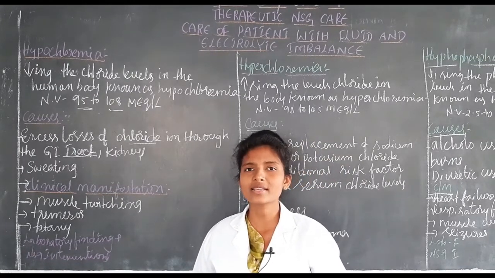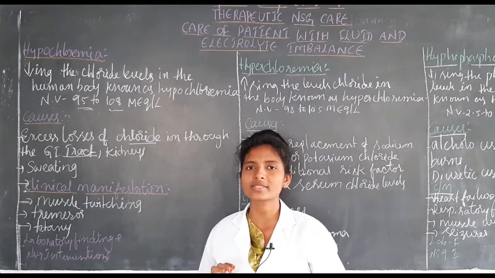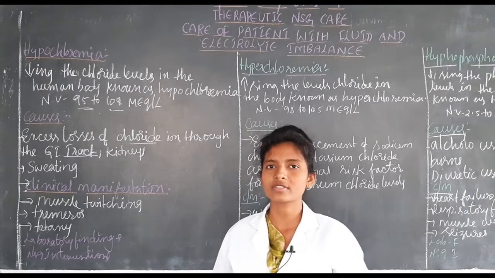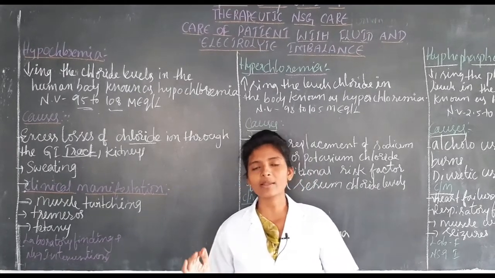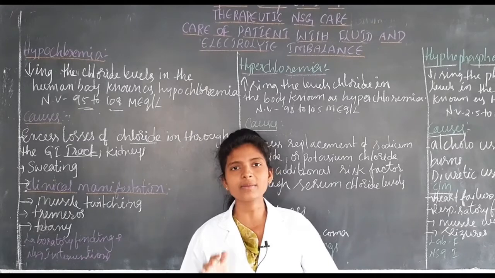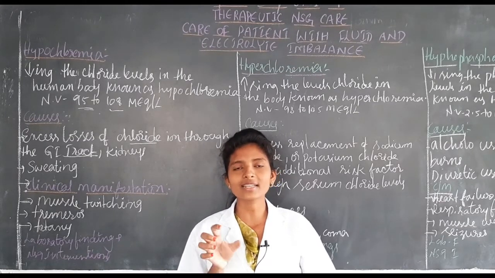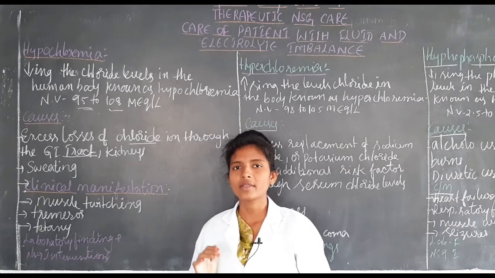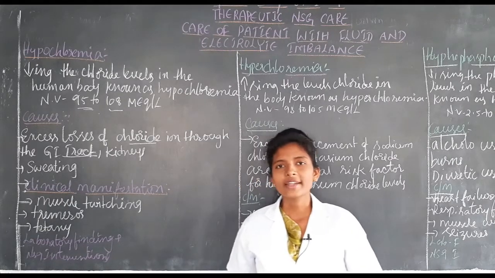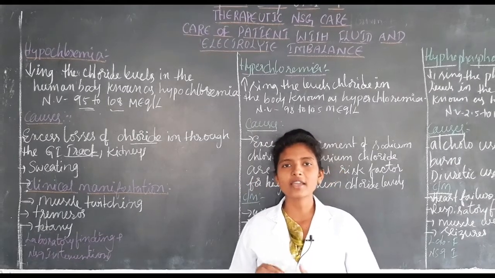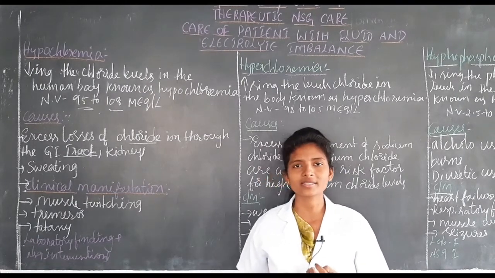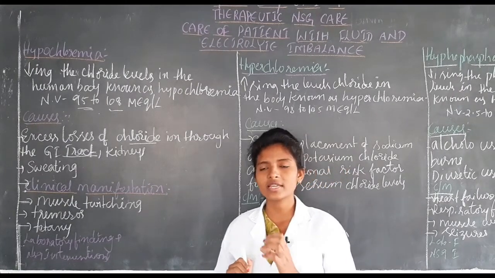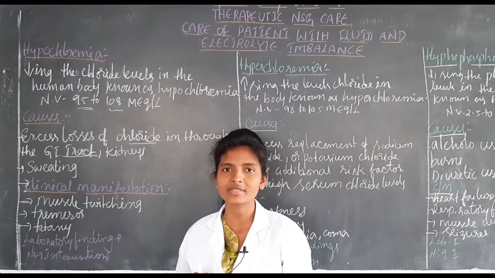As a nurse, the first thing is she has to assess the clinical manifestations, which types of clinical manifestations are present in the patient. That is the first thing in nursing intervention. The second step is she has to monitor vitals compulsorily.